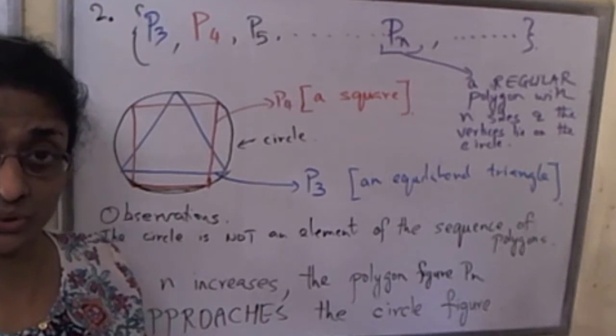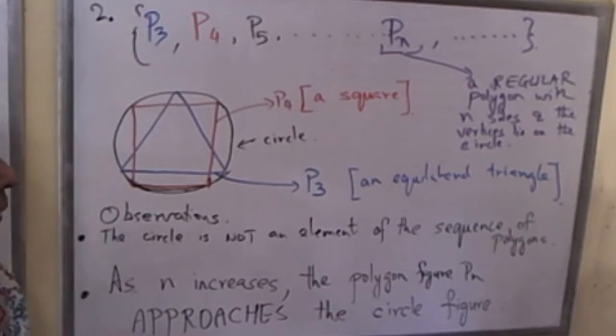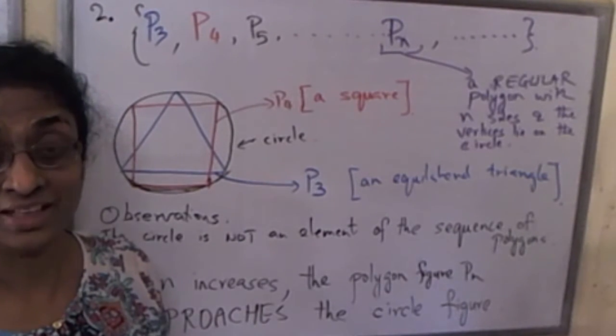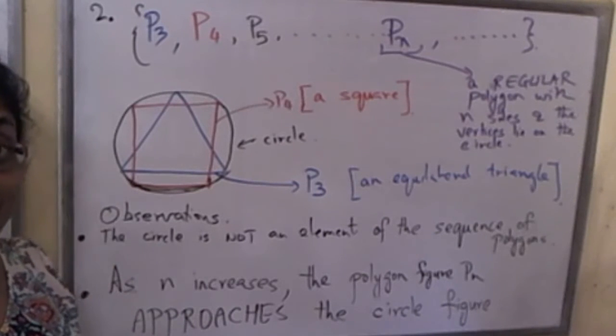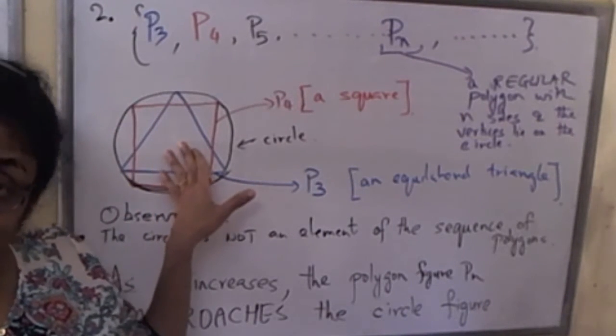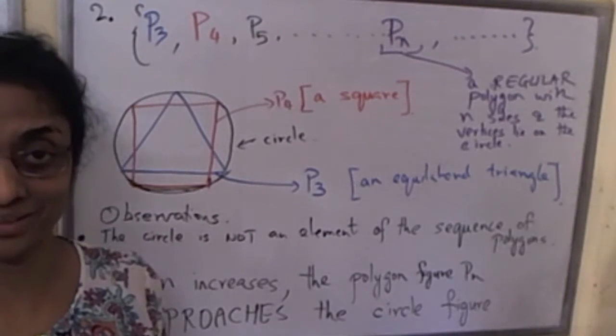It is not your circle, but you feel it looks like the circle. So this is all developing an intuitive idea of limits. The ancient Greeks did have an understanding of this intuitive idea, even though the word limit in calculus did not exist in their times. Keep this idea in mind.